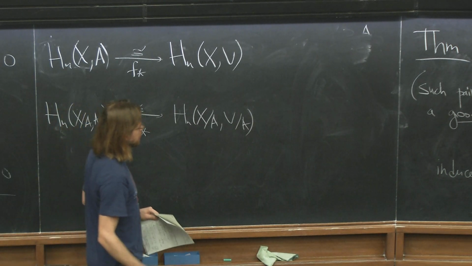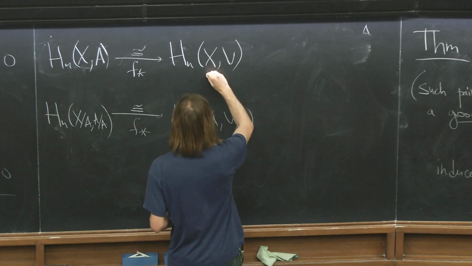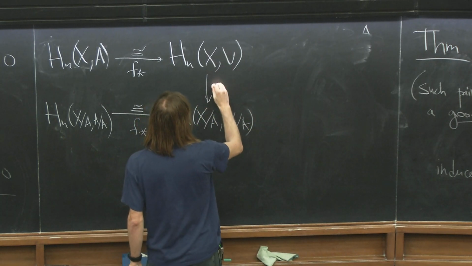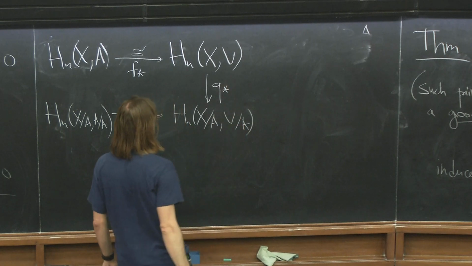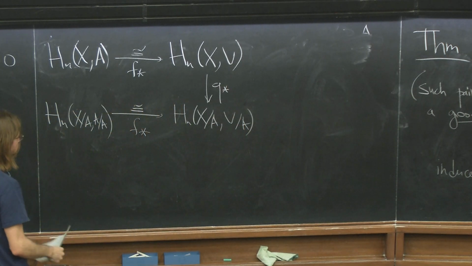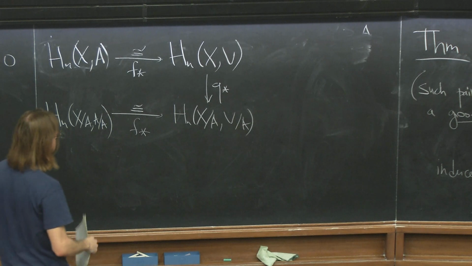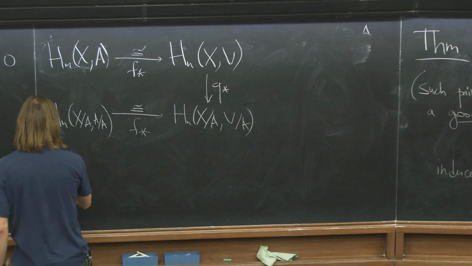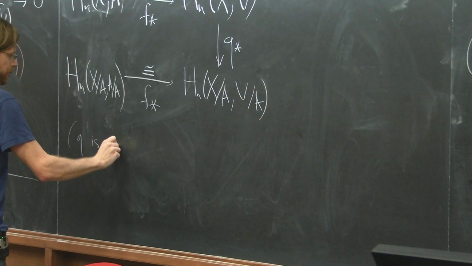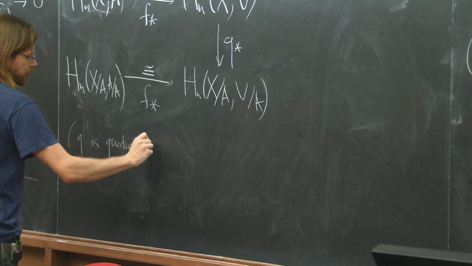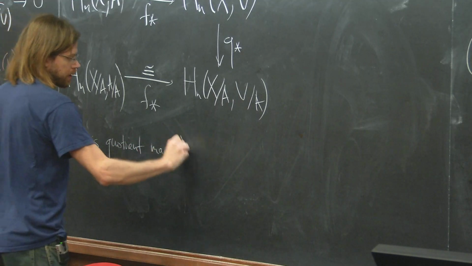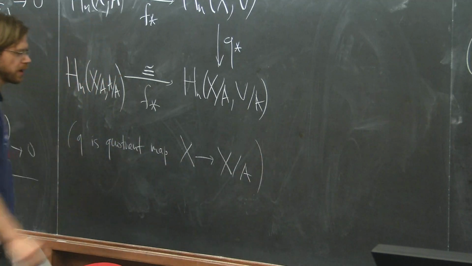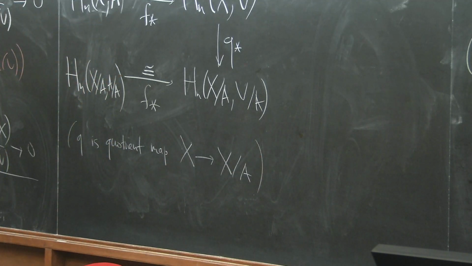And then, from here to here, we consider our Q star, which we defined in the formulation of the theorem. So Q is a map induced by the quotient. Q is a quotient map that maps X to X divided by A, and of course it can be extended to a map for pairs.